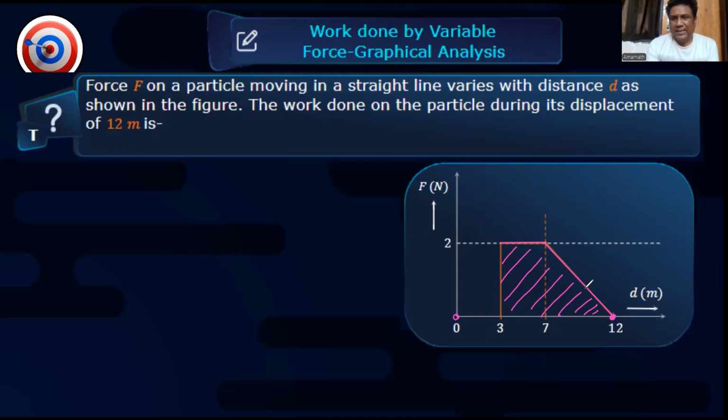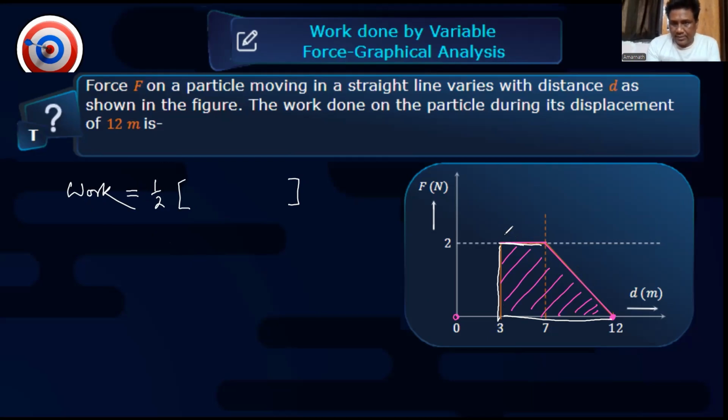So here we have to calculate the area of that part only. This is simply a trapezium. These are the parallel sides, and this is the perpendicular distance, meaning the separation. So work done is equal to the area of the trapezium: half of the sum of the parallel sides.